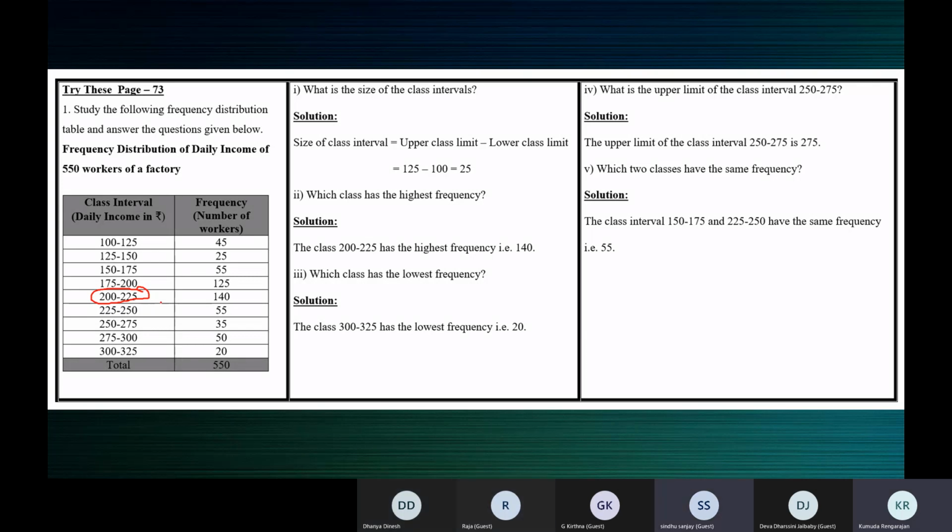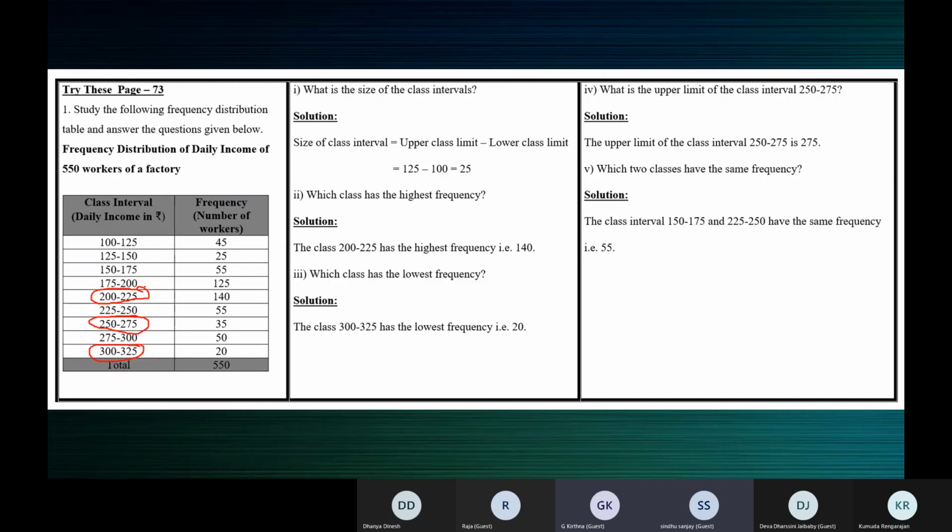What is the upper limit? 225, ma'am. Okay. What is the upper limit of the class interval 250 to 275? 275, ma'am. What's the lower limit of this class interval? 250, ma'am.